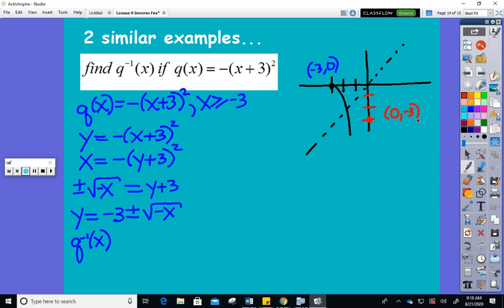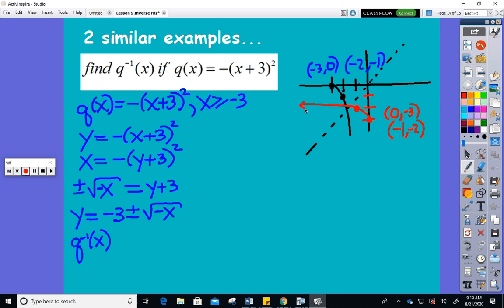I know that this point on my black graph would be right 1, down 1. So that should be the point negative 2, negative 1. So I know on my inverse I need negative 1, negative 2. Oh, now I see that my inverse should look kind of like that. That gives me the symmetry I need, right?